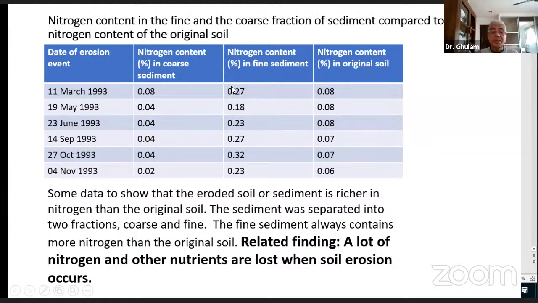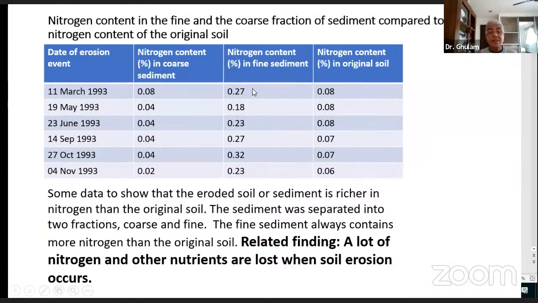So when you compare this with the original nitrogen content in the soil before it was eroded, you can see that the fine suspended load contains much higher nitrogen than the original soil in all these examples that I give here. And the bed load or the coarse sediment is more or less the same as in the original soil.